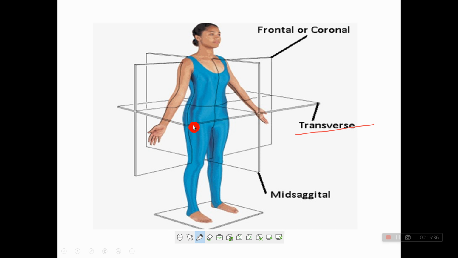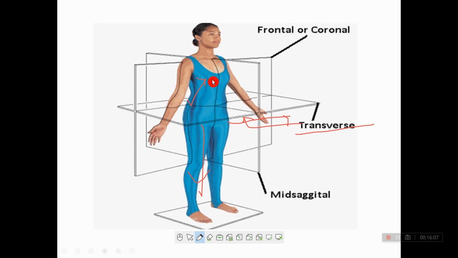The transverse plane divides the body into two equal upper and lower halves. When something cuts the body or organ into two equal upper and lower halves, it is called the transverse plane, right?